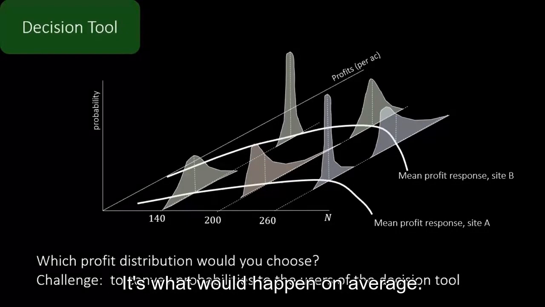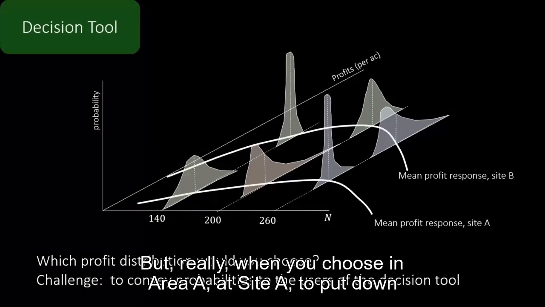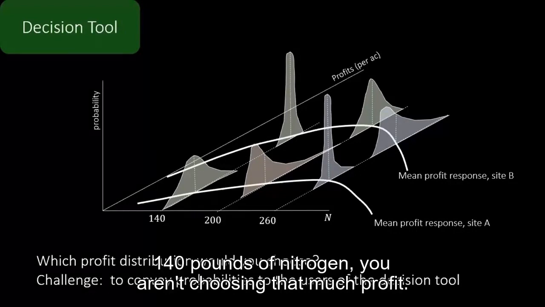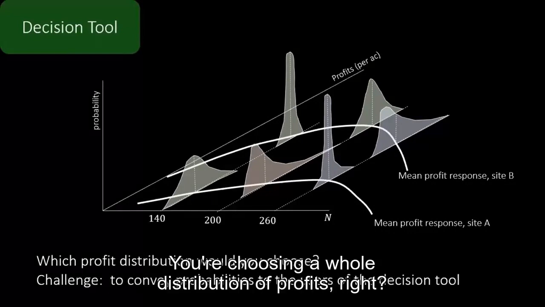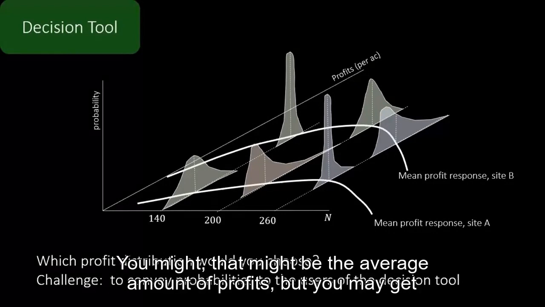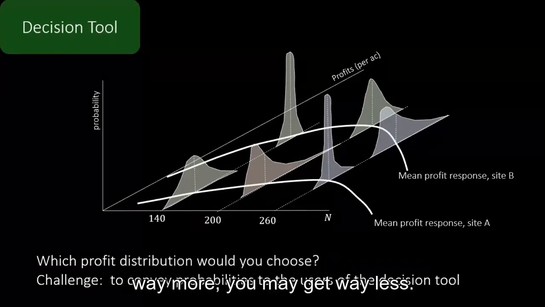It's what would happen on average. But really, when you choose at site A to put down 140 pounds of nitrogen, you aren't choosing that much profit. You're choosing a whole distribution of profits. That might be the average amount of profits, but you may get way more, you may get way less.